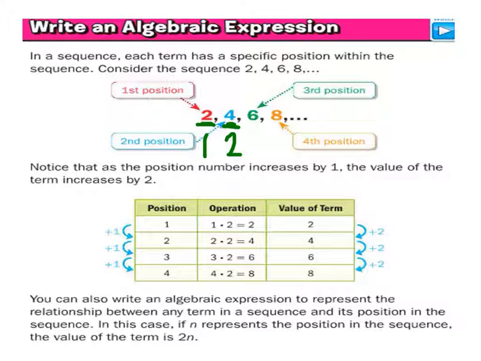So 6 is in position 3, and 8 is in position 4. So what you should be doing here is considering, based on the position, what do I need to do to the position to get that number?